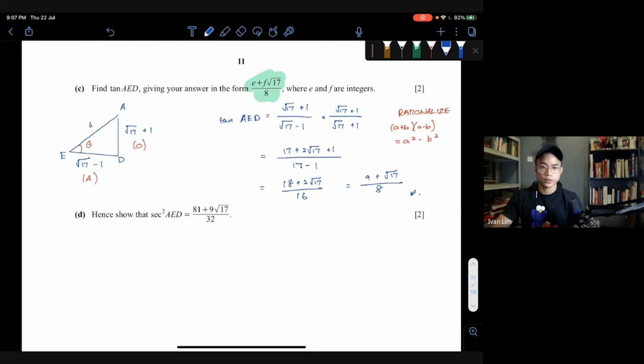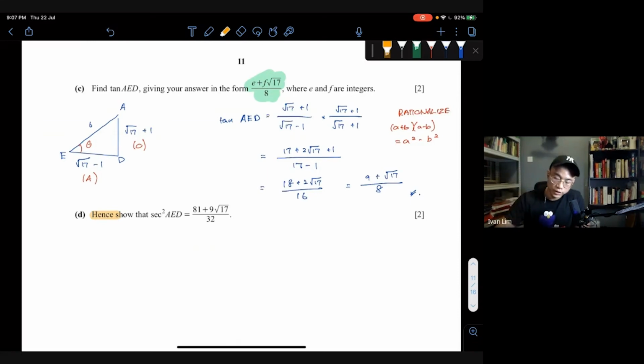Okay, then part D, you see the word "hence" come out again. That means I have to use the above value, whatever I just found, to show that secant squared AED is equal to 81 plus 9 root 17 over 32.